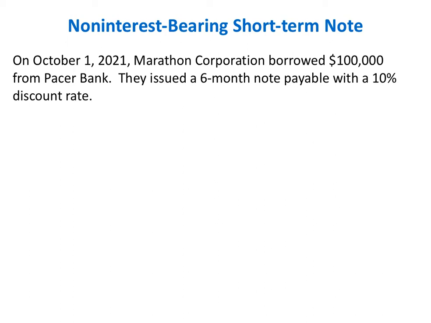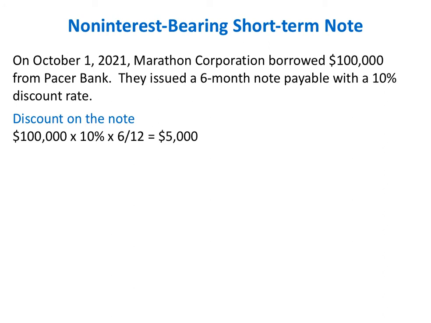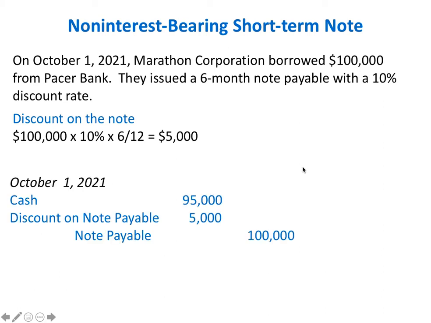The discount is calculated the same way that we calculate the interest expense. We take the principal amount times the annual, now we call it a discount rate, and prorate it by the length of the note. So the discount on this non-interest bearing note is $5,000.